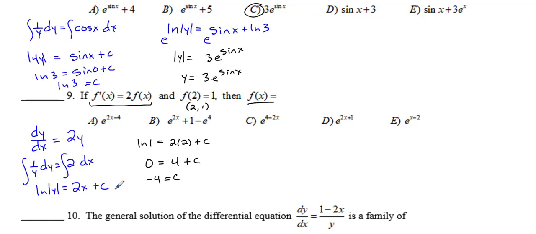Do I have to write the absolute value now when I write this equation over again? Do I need to write natural log absolute value y equals 2x minus 4? Nope, because their heights are positive, right? So natural log y equals 2x minus 4. Exponentiate both sides means raise each side to the power of e.